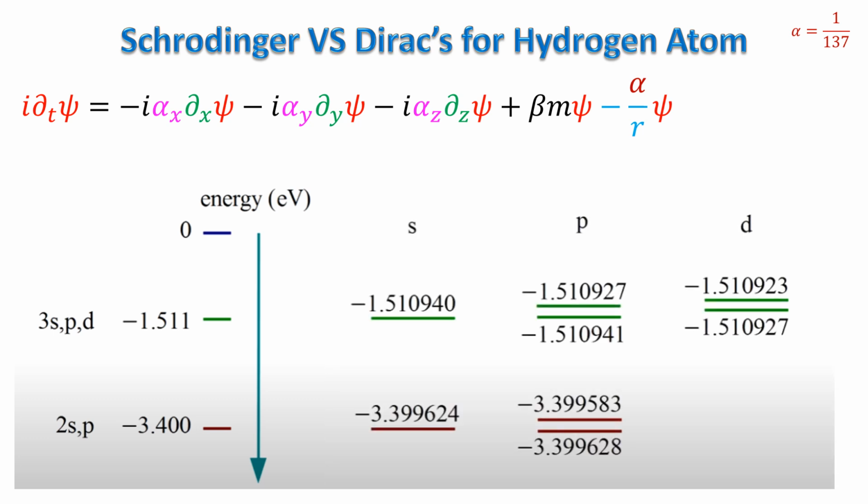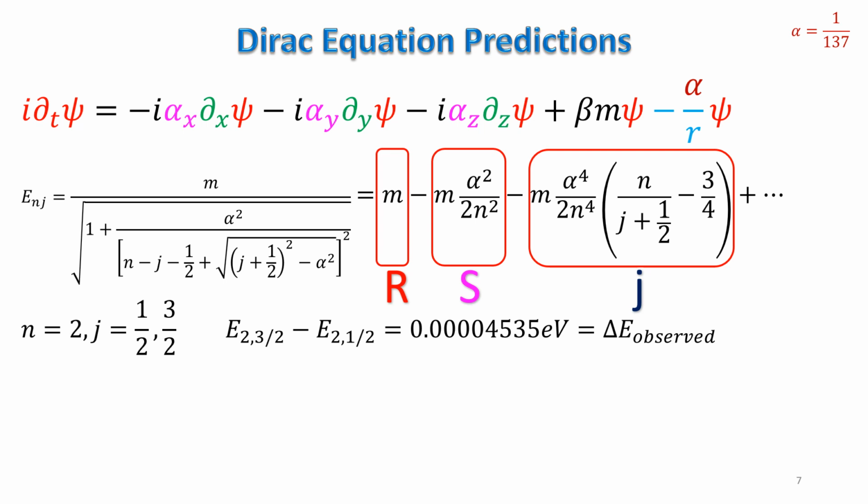You can observe here that the splitting is fairly close, and it is accurately predicted by Dirac's equation. So here you can see the predicted energy split for n equal to 2, j equal to 1 by 2 and 3 by 2.